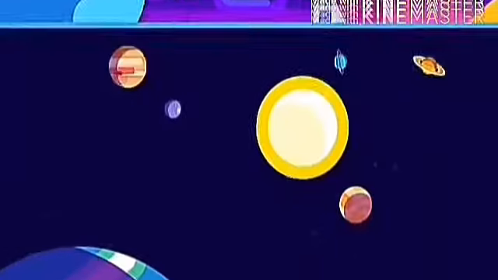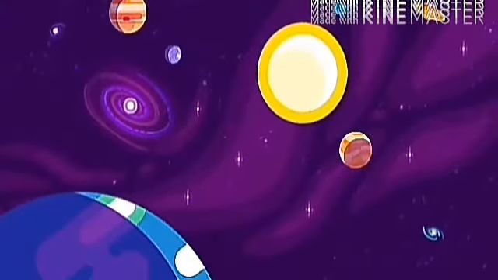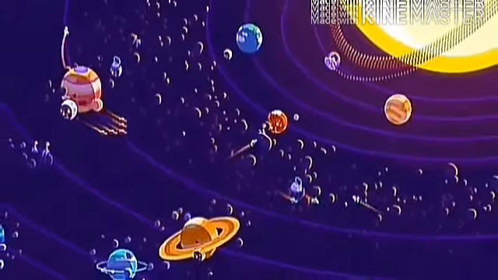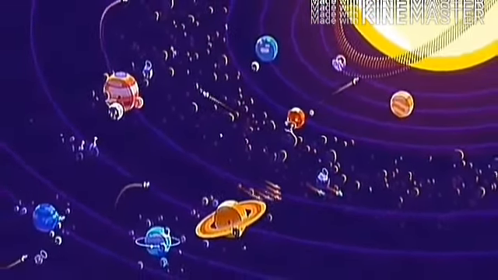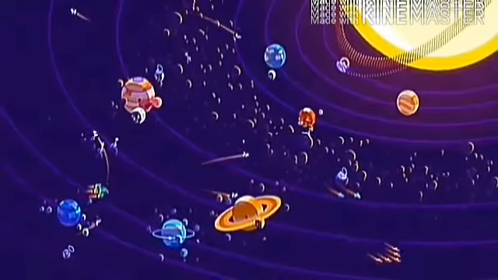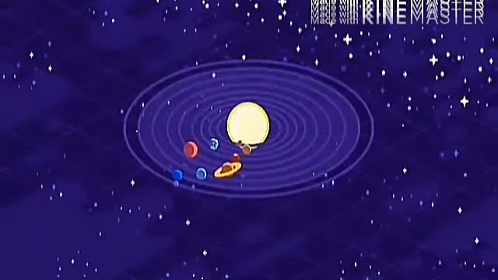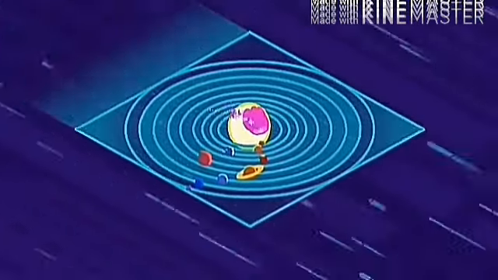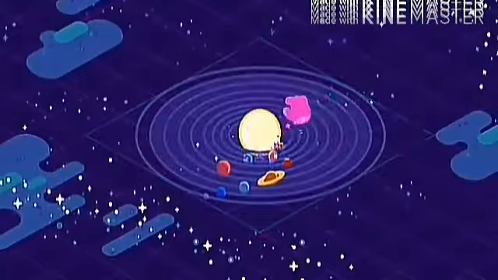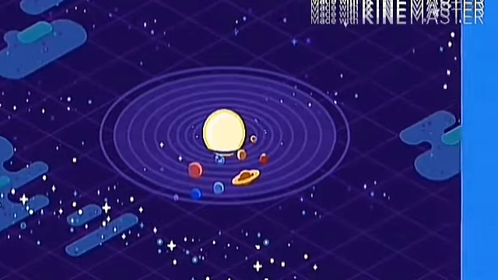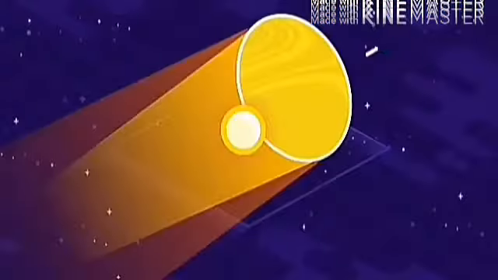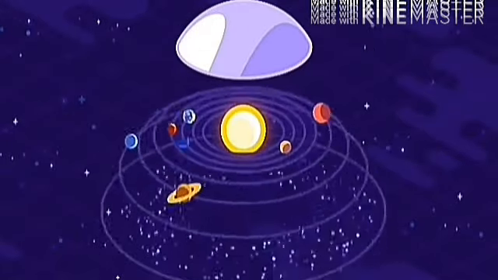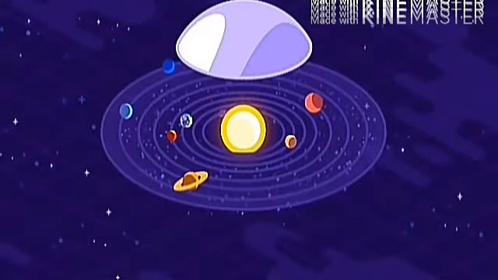Then, stellar energy. Stars and the sun emit a large amount of energy in the form of heat and light. This energy is known as stellar energy. How is this stellar energy produced? Where does this high energy come from? The sun and all the stars contain a large amount of hydrogen. The temperature of the sun and other stars is very high.